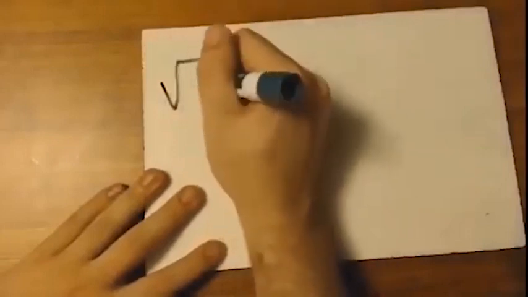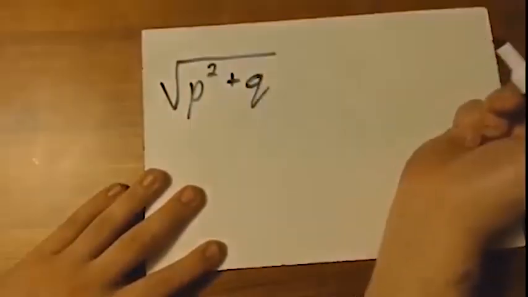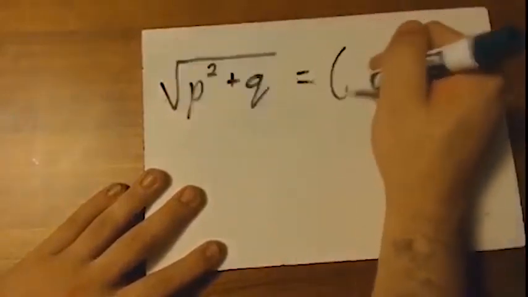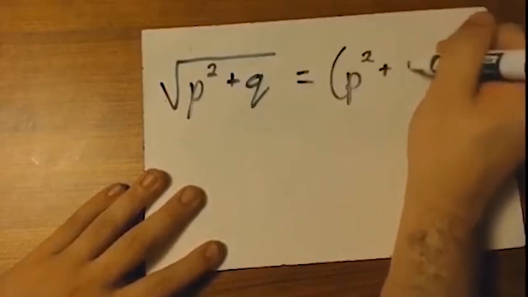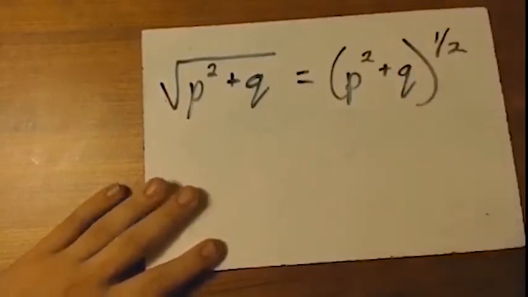E. Radical p squared plus q. That is the square root of p squared plus q. This is p squared plus q to the 1/2 power.